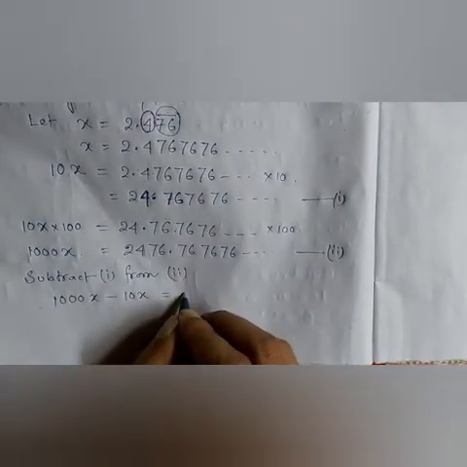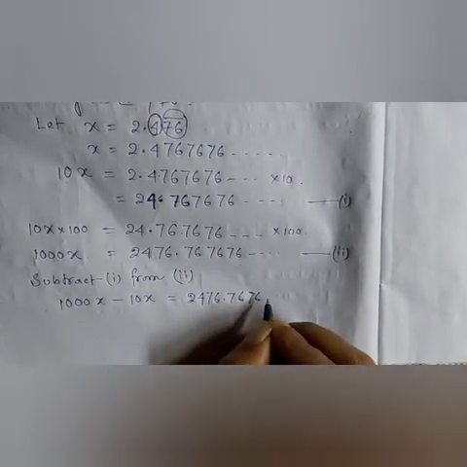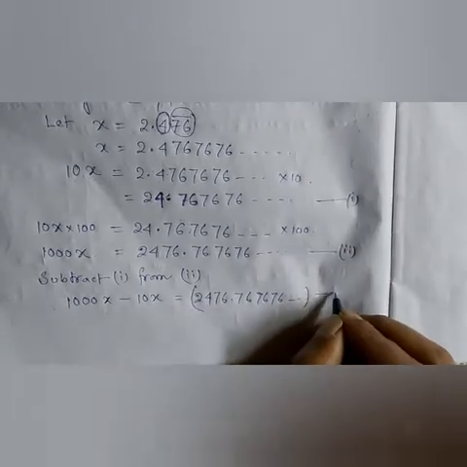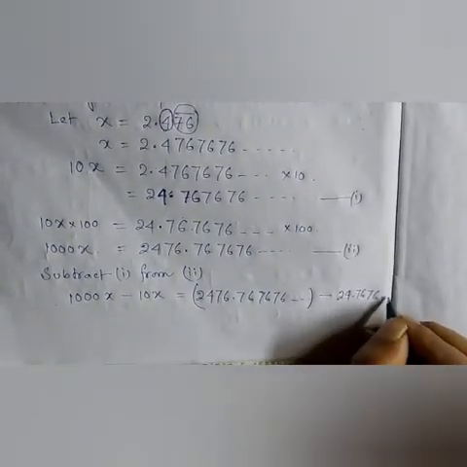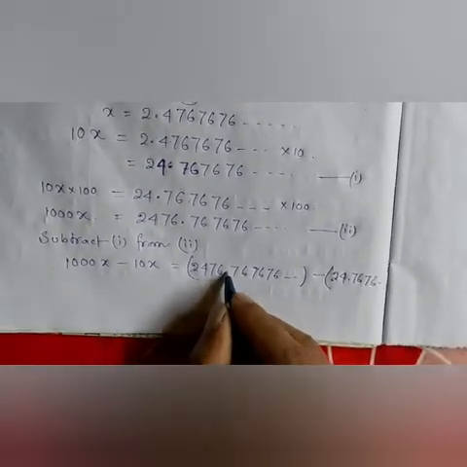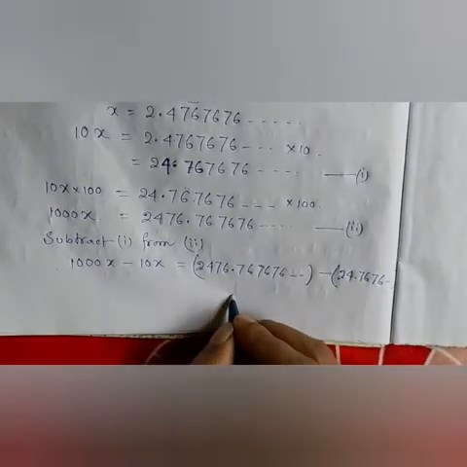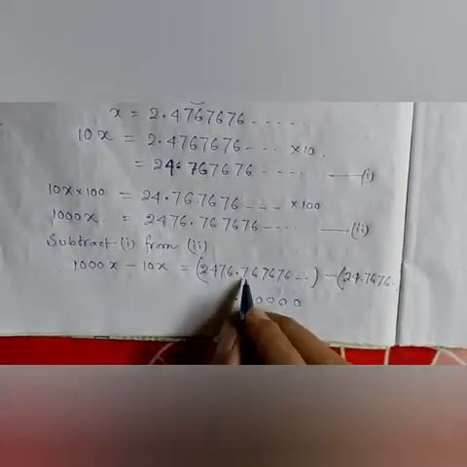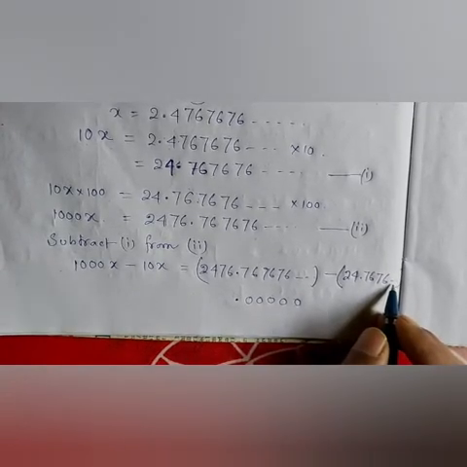What is the value of this? 2476.767676 continuing minus 24.7676 repeating. After the decimal, 7676 here and also 7676 here. So after subtraction, this is 000, because here the infinite number of 76 occur and here also the infinite number of 76 occur, so they are cancelled.